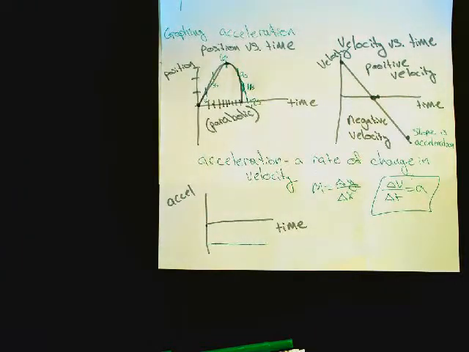So when you throw an object into the air, it's moving fastest right as it leaves your hand and begins slowing down until it stops, meaning that it had a positive velocity and a negative acceleration, showing that it's slowing down because they're opposites. And then once it reaches the top, it begins accelerating in the negative direction, so its velocity and its acceleration are in the same direction, showing it speeds up.